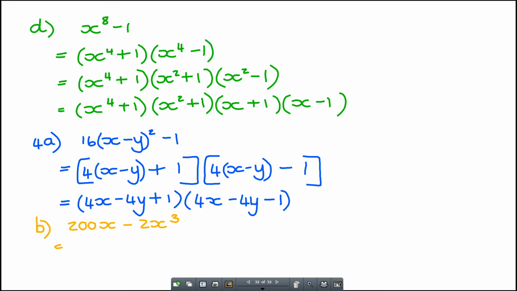Okay, so over here you had to take out a common factor of 2x. So then I'm going to have 100 minus x squared. Okay, the 2x stays in front, but that bracket can be factorized further to give me 10 plus x and 10 minus x.